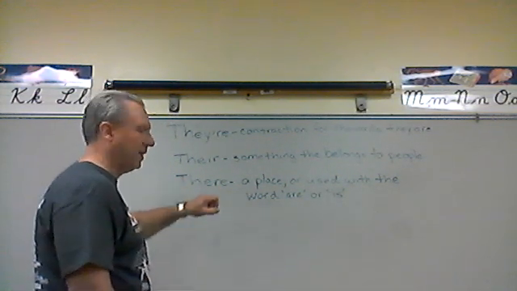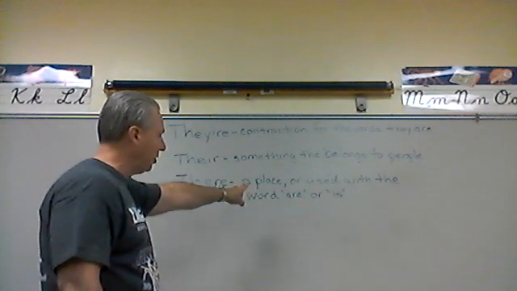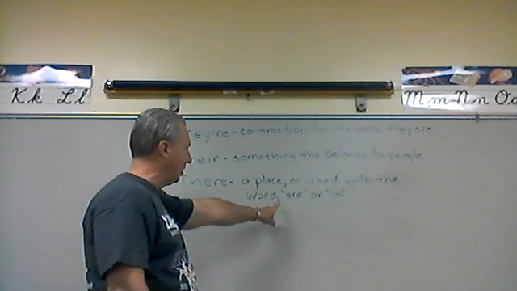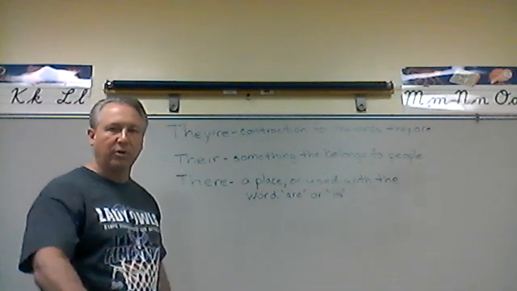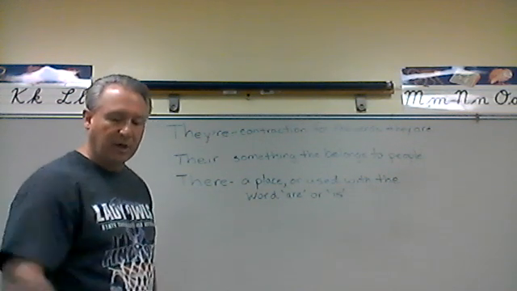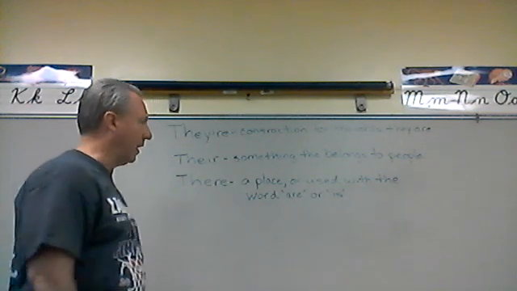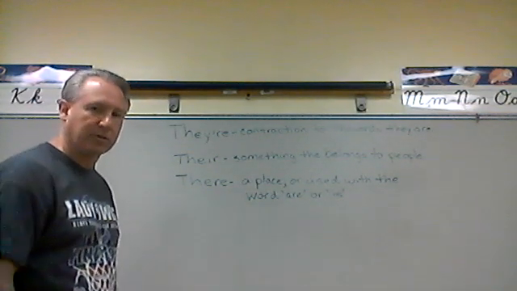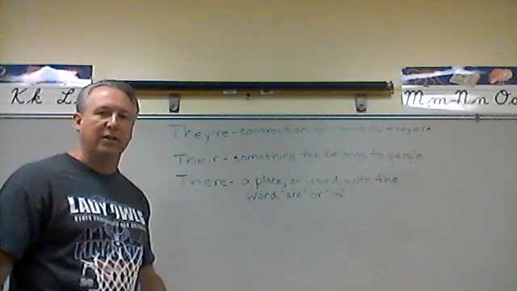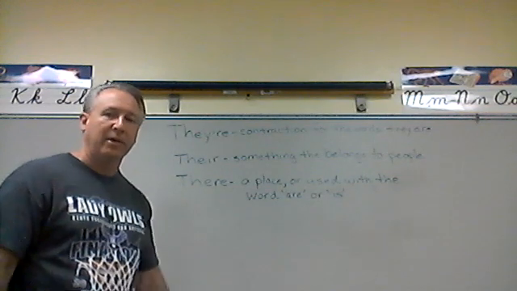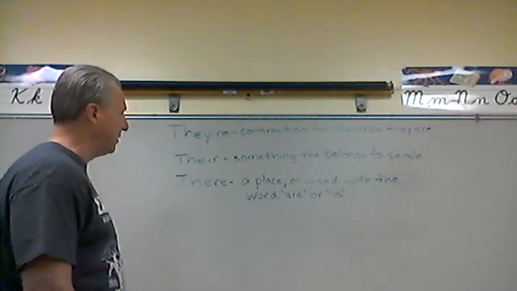And then there, T-H-E-R-E, which can either indicate a place, or it's used sometimes with the words are or is. This is on your paper as well as a sample. It's very important to use these correctly. These are homophones. They are words that sound the same, but they're not spelled the same, and they don't have the same meaning. They mean different things, but they do sound the same.